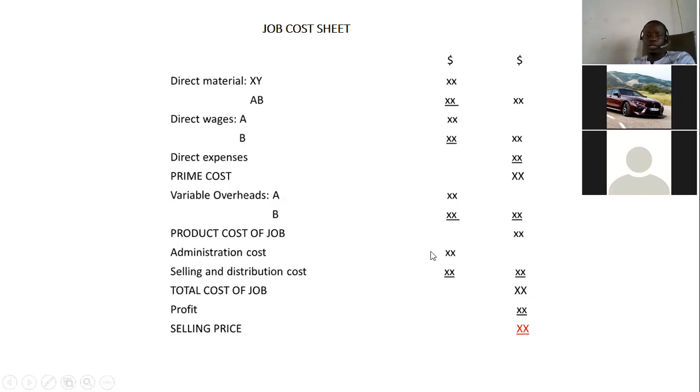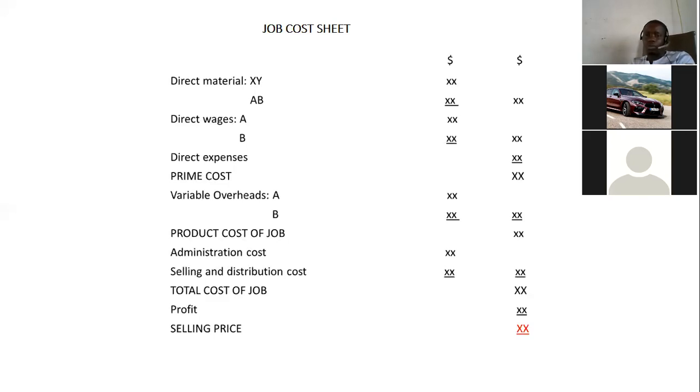So for A, this is the figure, and then for B, this is the figure. After that, we sum both figures up. Then when we get the total, we send it to the last column.